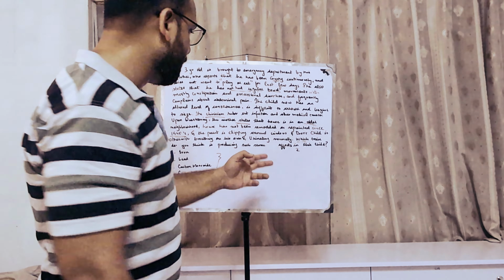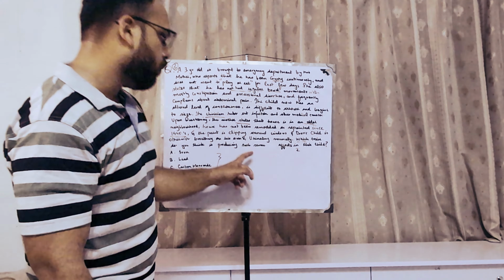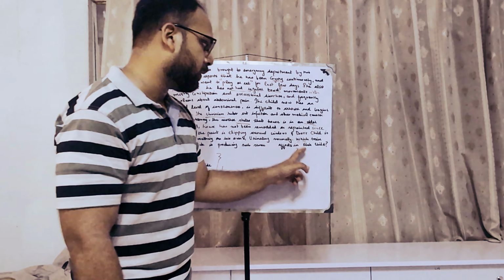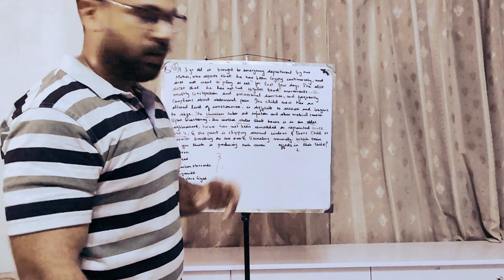The question says, which toxin do you think is producing such severe effects in this child? We will read it twice. Which toxin do you think is producing such severe effects in this child?